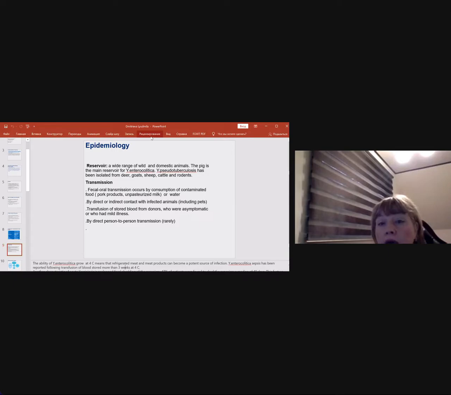And doctors, the rodents are the main reservoirs for Yersinia species. What else? Yersinia species may be present in some milk products. It may be sour cream, it may be ice cream, and ice cream is the best for Yersinia species, a milk product and low temperature. Yes, and low temperature.